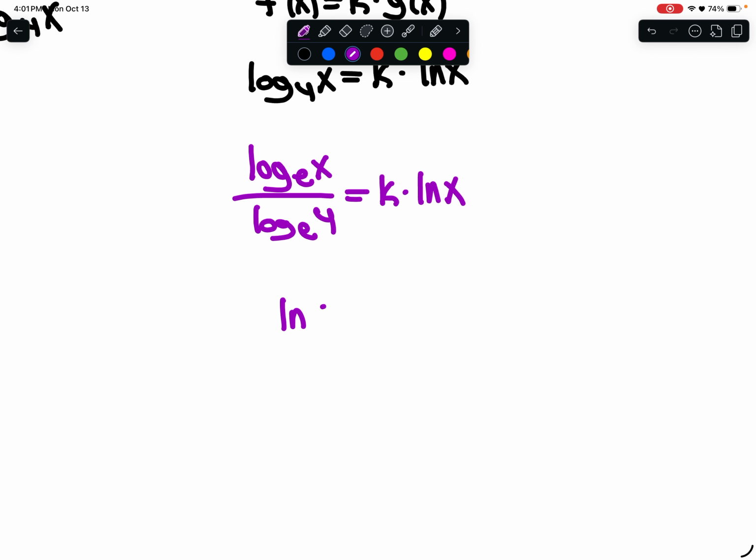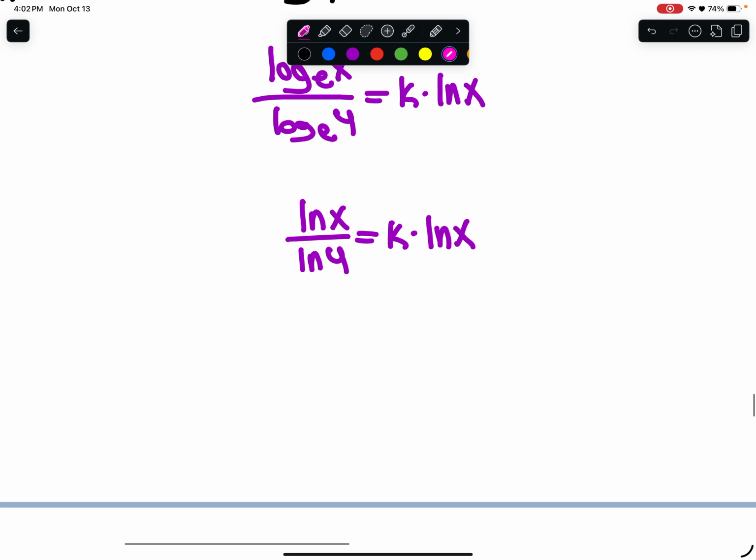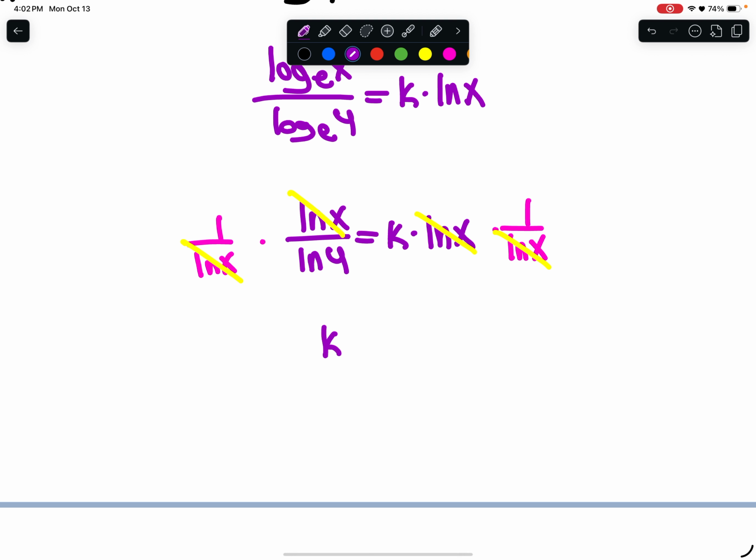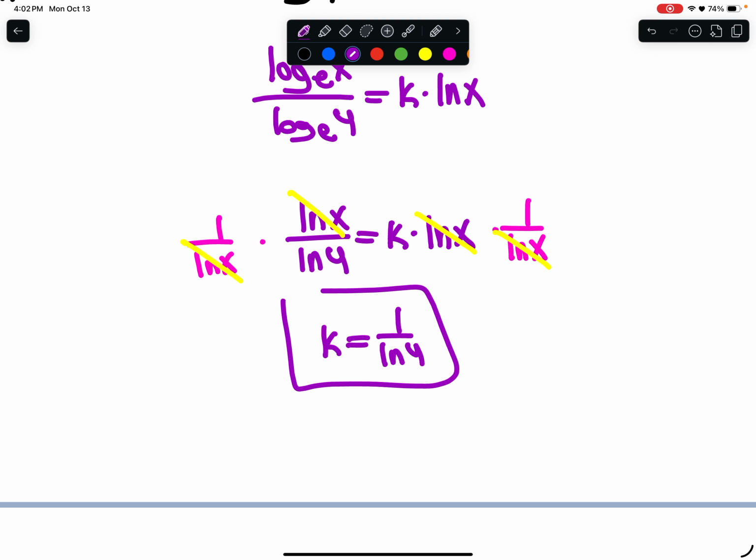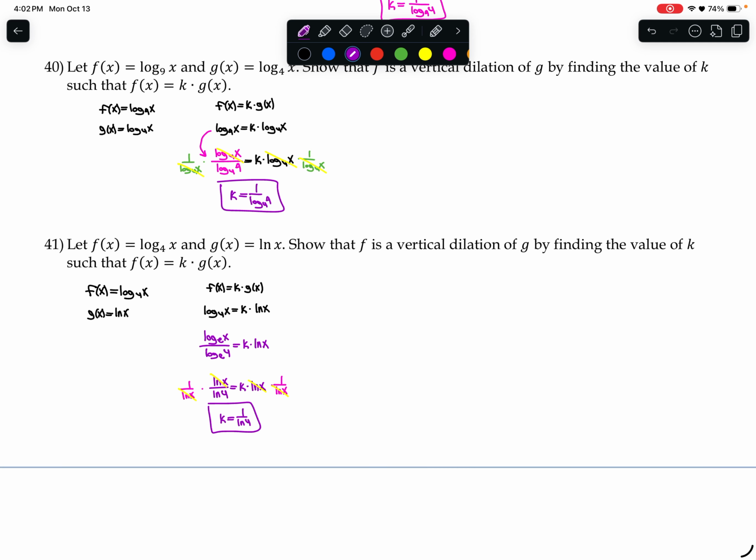So this is the same as natural log of x over natural log of 4 equals k times natural log of x. So when I multiply both sides by 1 over natural log of x, natural log x on the right side simplifies, natural log x on the left side simplifies. So I'm left with a k value of 1 over natural log of 4. That would be my vertical dilation. Ta-da!